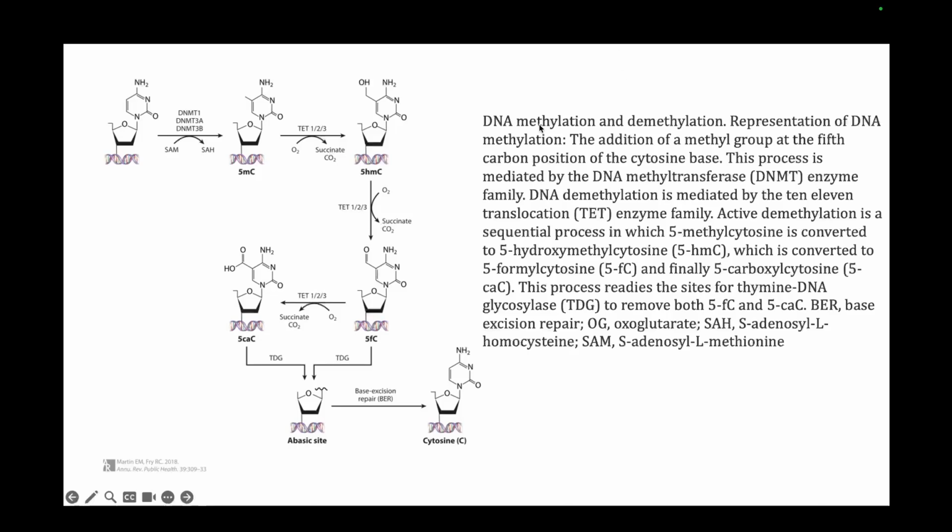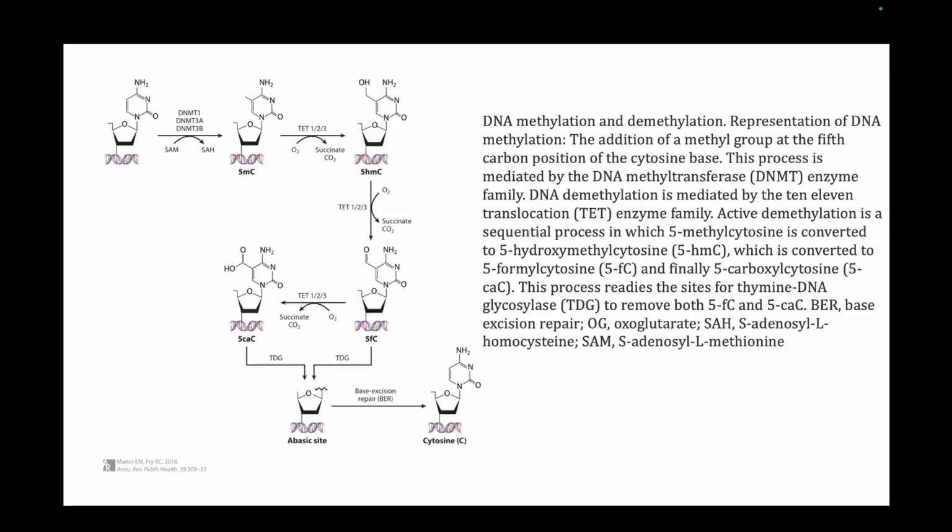So this process is mediated by the DNA methyltransferase enzyme family. DNA demethylation is mediated by the ten-eleven translocation, which is the TET enzyme family. Active demethylation is a sequential process in which 5-methylcytosine, 5-mC, is converted to 5-hydroxymethylcytosine, which is 5-hmC, which is converted to 5-formylcytosine, which is 5-fC.